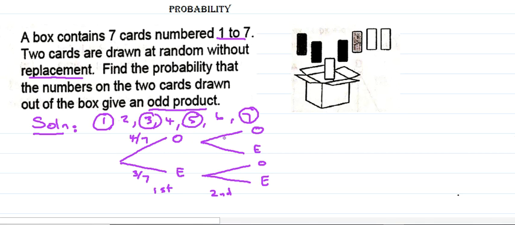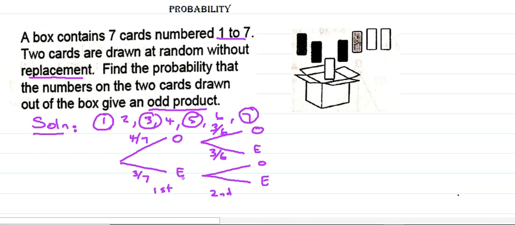Since we do not replace the cards, the number of cards now would be 6. So if we draw an odd card in our first draw, we will be left with 3 odd cards out of 6 in our second draw. And our even cards would still be 3 out of 6.